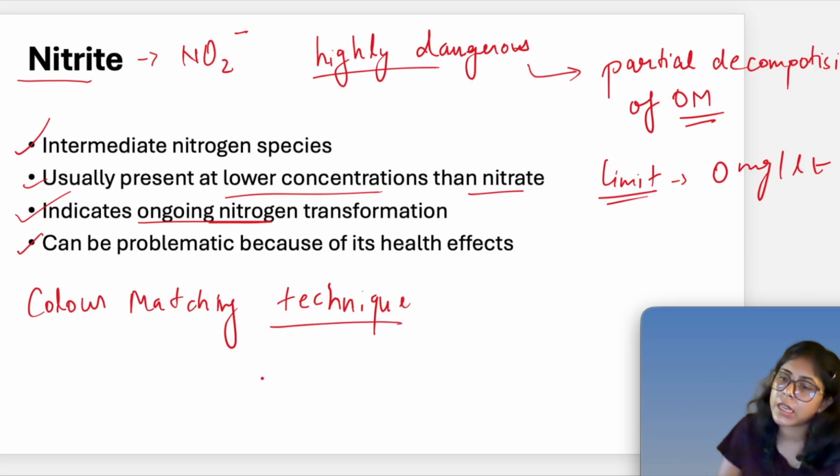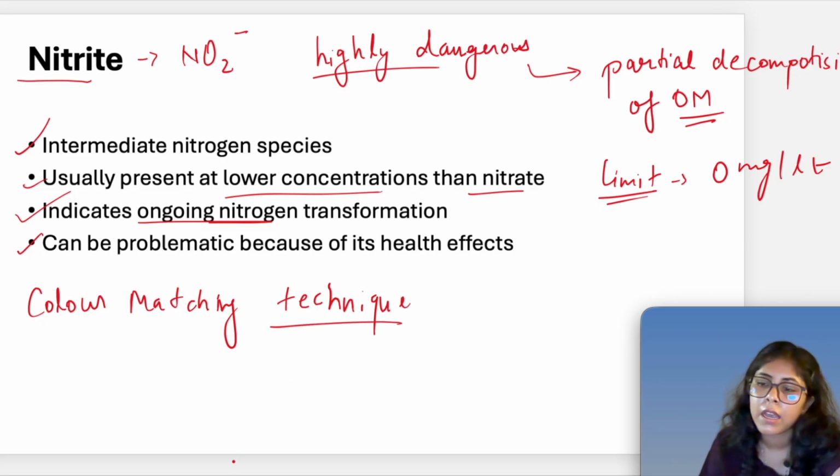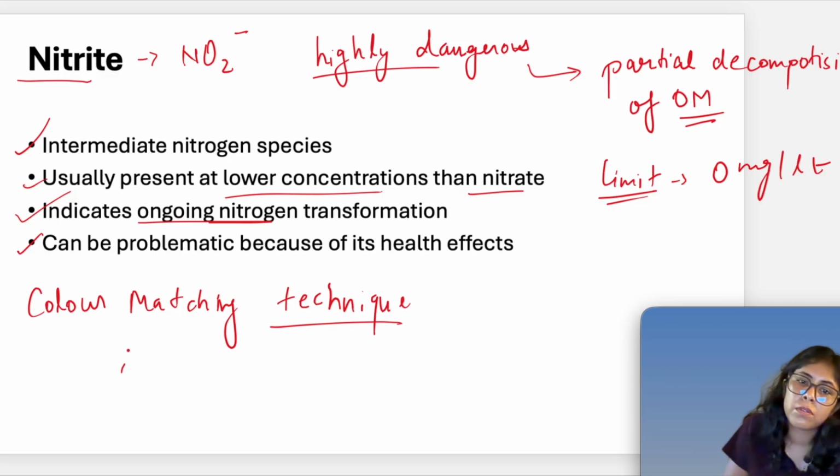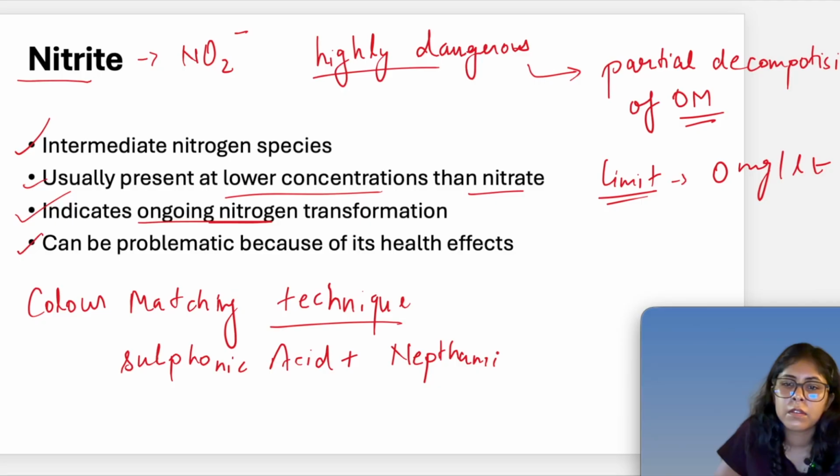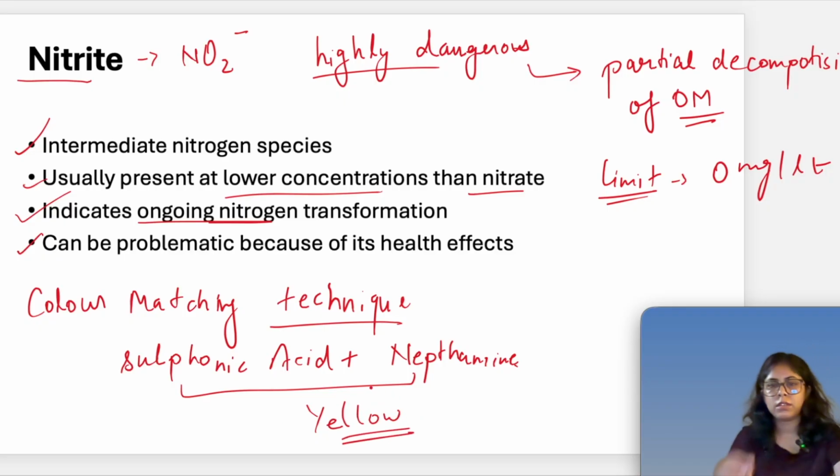The chemicals used here are sulfonic acid plus naphthalene. These two create a yellowish compound, and we match the different concentrations of this to get nitrite. This is what nitrite is.